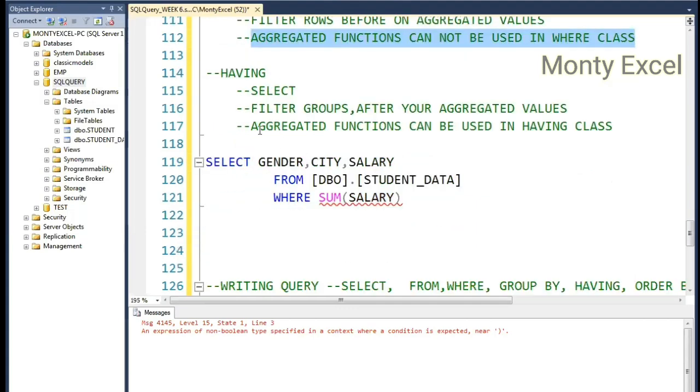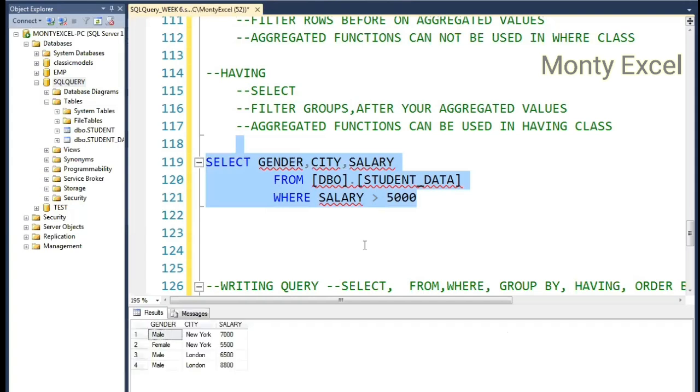But can I use aggregated functions in a HAVING clause? Or can I say something here, let's say salary greater than sum of salary? That makes no sense again. Had it been something like simply 5,000, or I want to display only those people whose salaries are greater than, less than, not equal to, you can use all those operators.